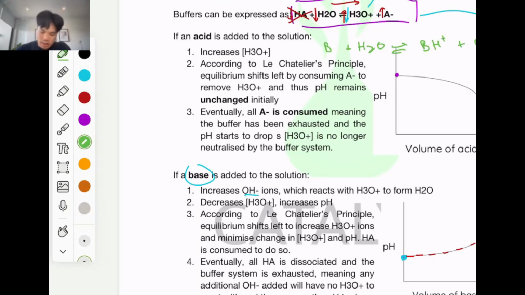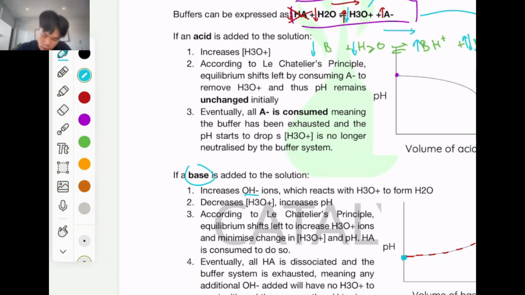If you add in acid to this buffer, H plus, that's going to neutralize the OH minus, turning it into H2O. And the system normally is going to drop in pH because you decrease your OH minus concentration. But it doesn't happen because the system is going to shift right in order to replace the OH minus that you initially lost. So it brings it back up to basically where it began.